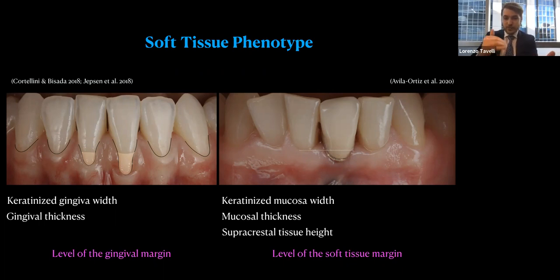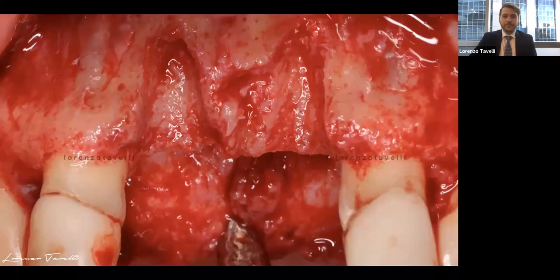If the soft tissue around the implant is at the same level as the cement-enamel junction of the contralateral homologous tooth, I would say that's the ideal position of the peri-implant soft tissue. When this level is more apically positioned, we have a so-called peri-implant soft tissue dehiscence.